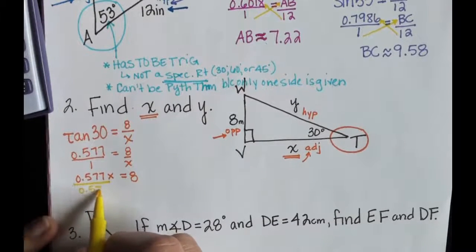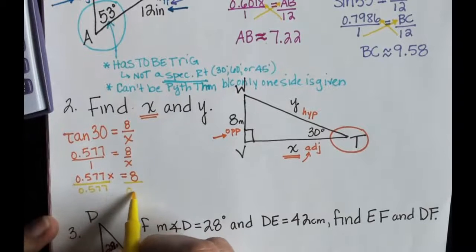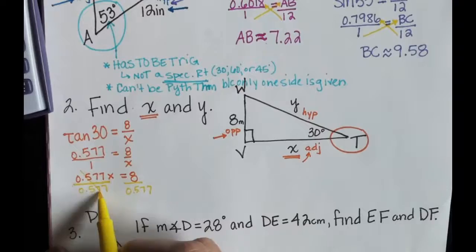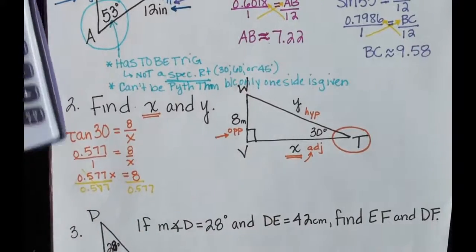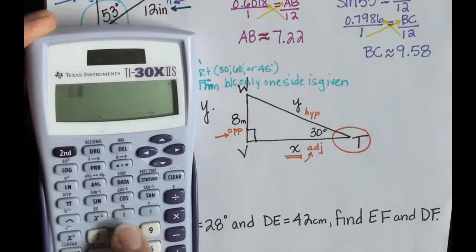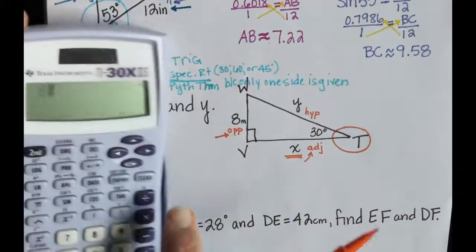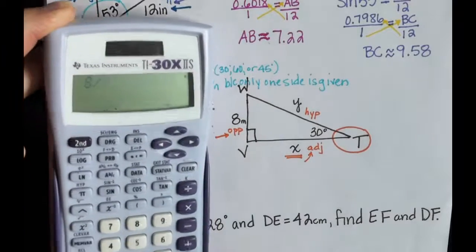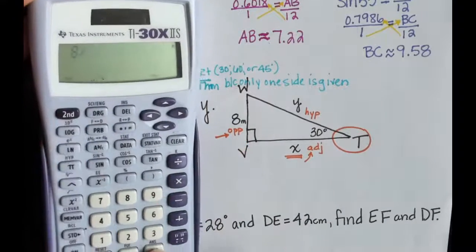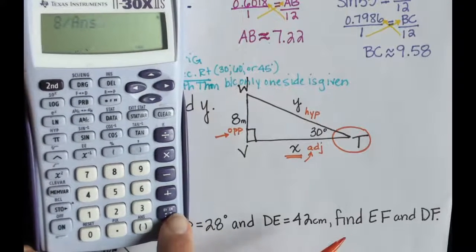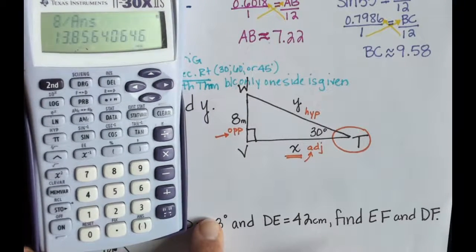So what that means is I have to divide to solve for x. I'm going to need every one of those decimal places in order for me to solve. So without clearing my calculator, I'm going to push 8 divided by, and instead of typing all those back in, remember I can do second answer, and it'll cut and paste everything in for me, and now I have that value.